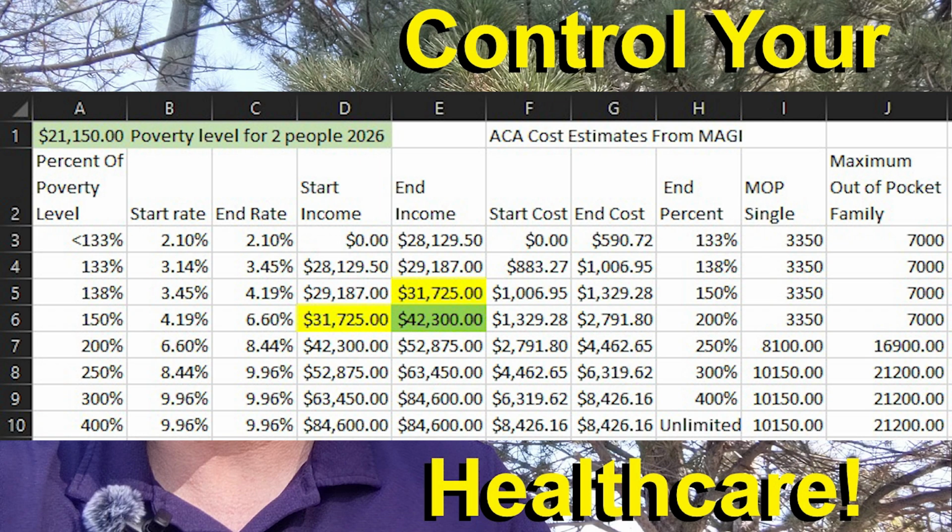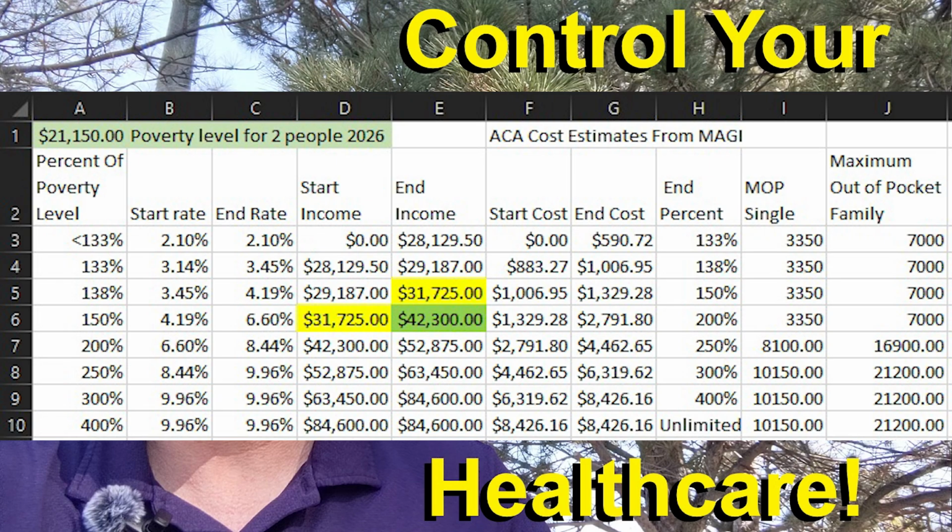I've highlighted some other things that are really important to understand. In line I and line J, I have included the out-of-pocket costs. That's really important to look at, because as soon as you cross over from the 150% of poverty limit to 200%, you can see a big jump in your out-of-pocket costs.